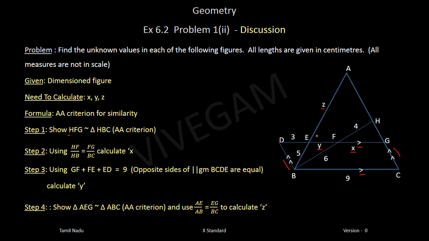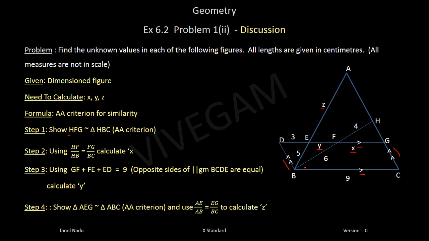Next, Step 4. Now x is done, y is done. So you have to prove triangle AEG, because that is where z comes into the picture. Triangle AEG is similar to triangle ABC. This line EG is parallel to BC, which means angle A is common to both the triangles. So in this triangle and this triangle, angle A is common, and this angle is equal to this angle.